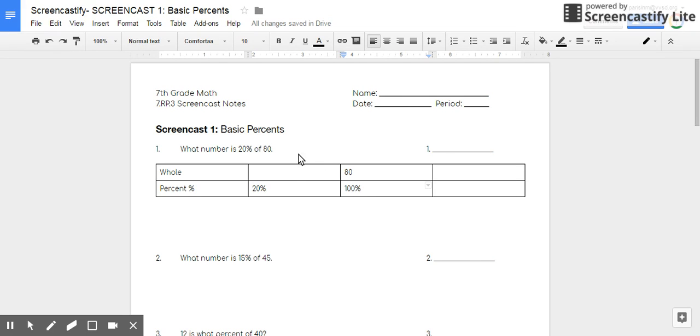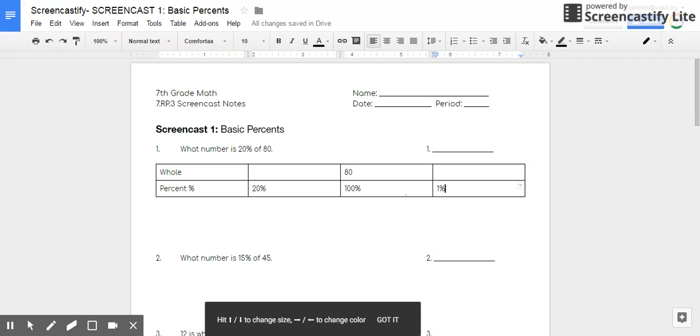To find out what number is 20%, we can use proportional relationships by scaling up or down the numbers in our table. We are going to focus on scaling down to the unit rate of 1%. We can get 1% by taking 100 and dividing it by 100 to get 1.